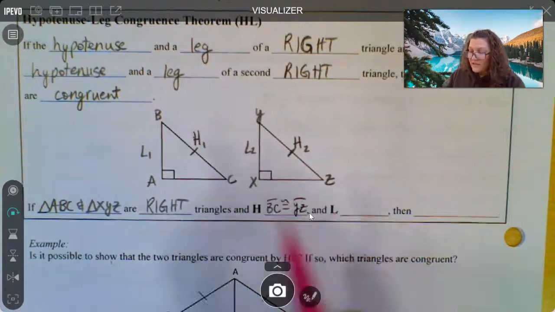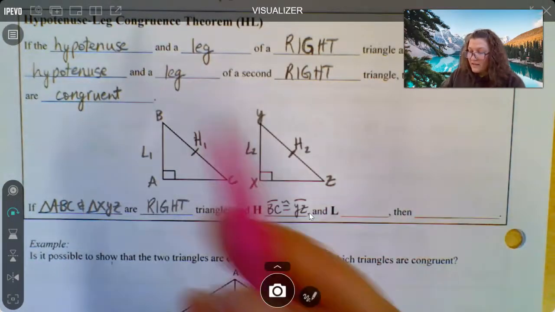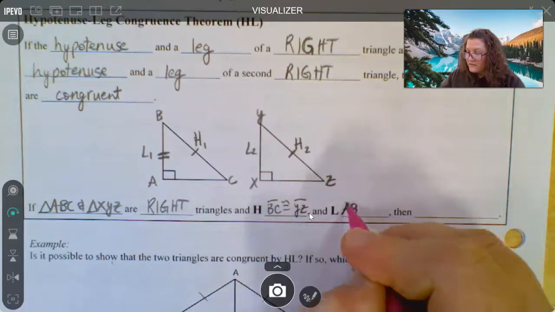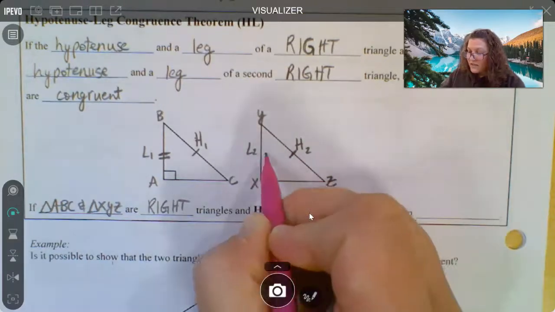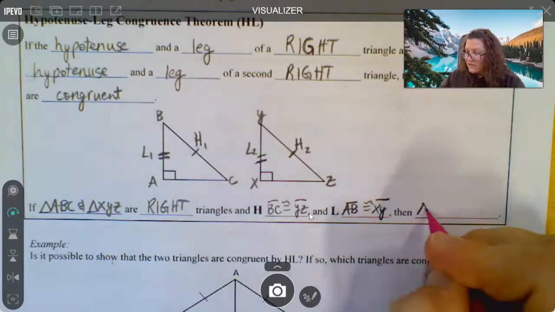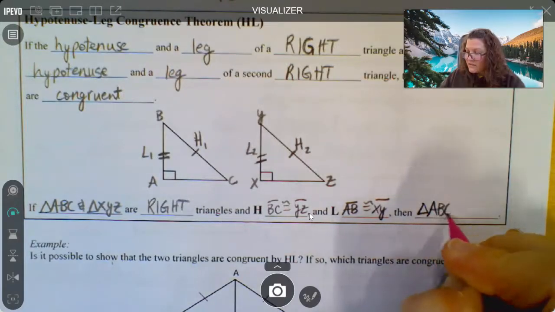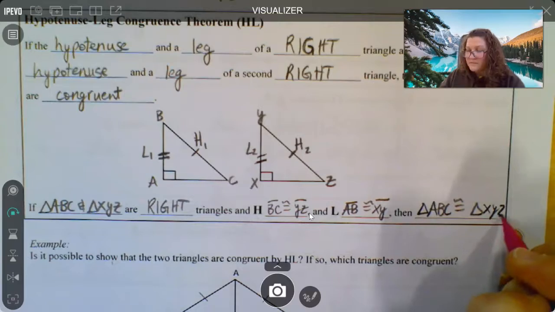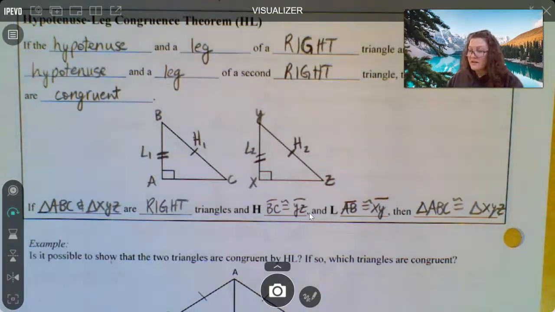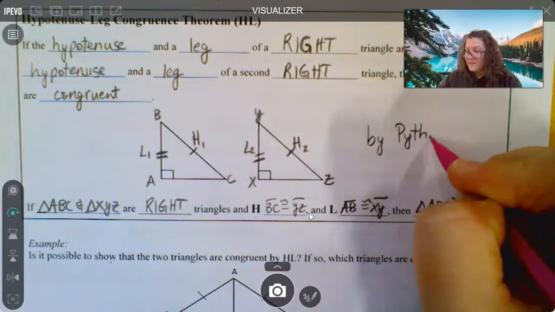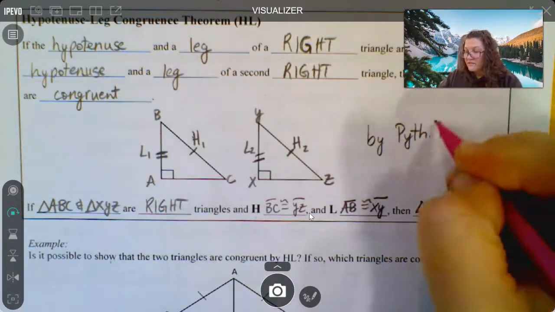And then leg, now I just chose this leg, it could be either leg. Leg AB is congruent to leg XY. Then I know that triangle ABC is congruent to triangle XYZ. And that is because of the Pythagorean theorem. If I know two of the sides, I can solve the third one.